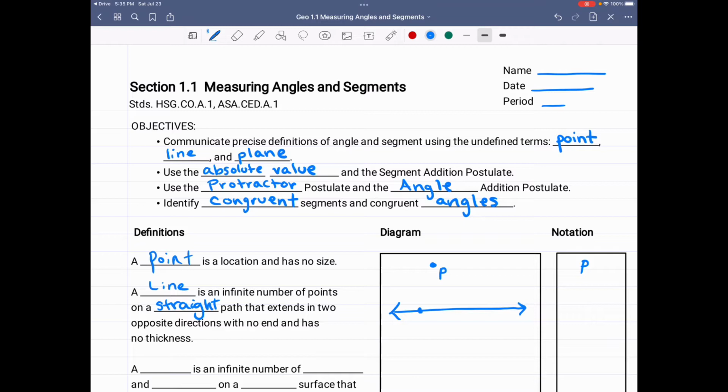You only need 2 points to make a line, but in the definition it says it's full of infinite points. There are points in between A and B and beyond B. We'll give it a cursive L for line. The notation, you can either write it as line L, or more commonly in geometry, the shorthand is we just write from A to B and we put a line on top of it.